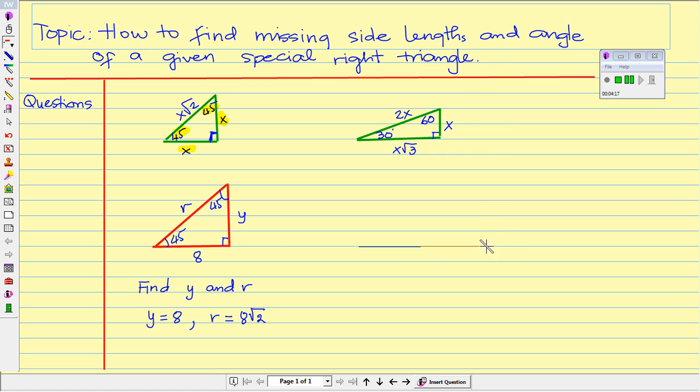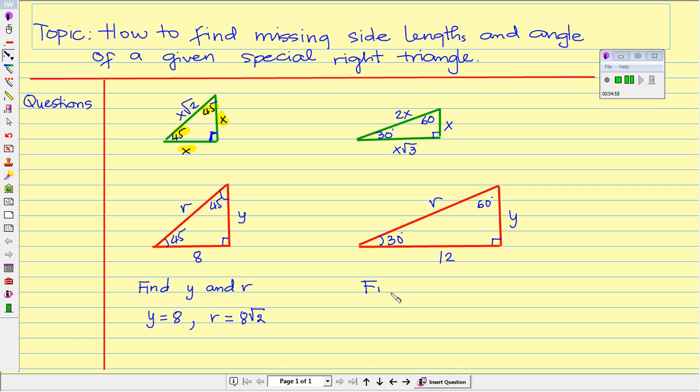Let's look at the next triangle. In this case, it will be 30, 60, 90. The smallest angle will be the 30 degree angle. Now we are given the side that is next to the largest angle, opposite from the 60 degree angle, which is 12.